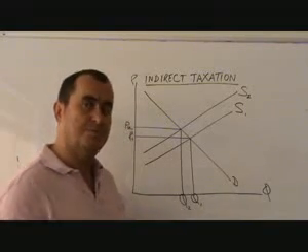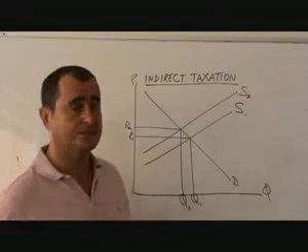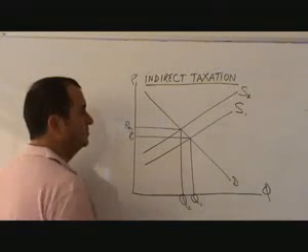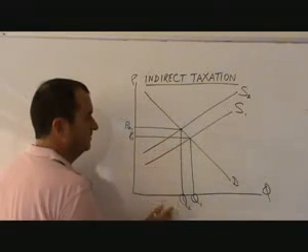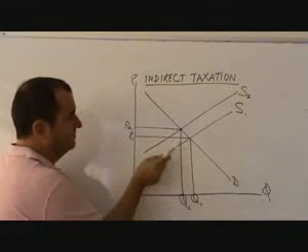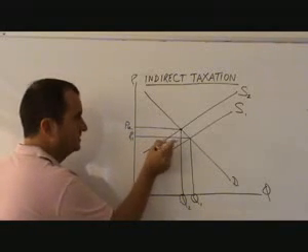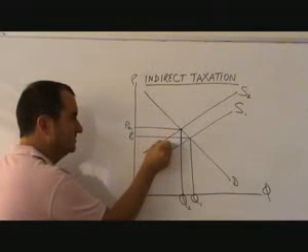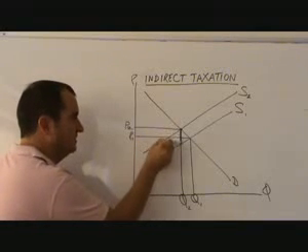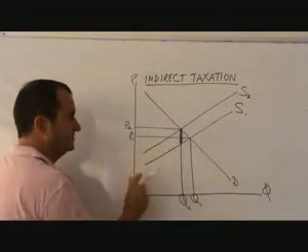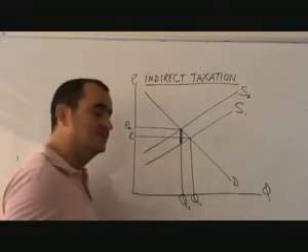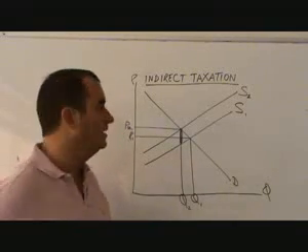So, how do we calculate which proportion is paid by producers and consumers? This is what we do. We go to the new equilibrium point, which is here. We observe that the vertical distance between the supply curves at this point, in other words, this distance, is the tax per unit.